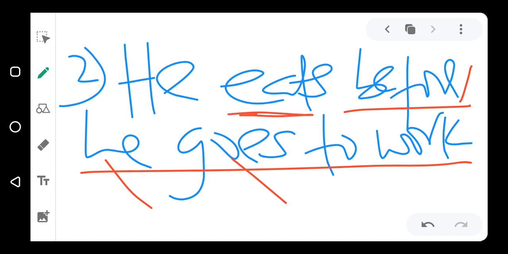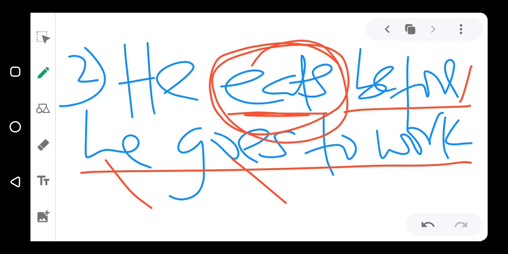If we want to confirm it, we come to the verb and try to identify whether it is talking about where, how, why, or when. He eats when? Before he goes to work. So it answers the question when.